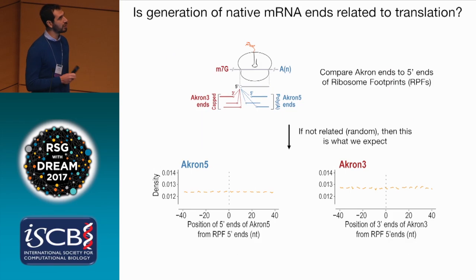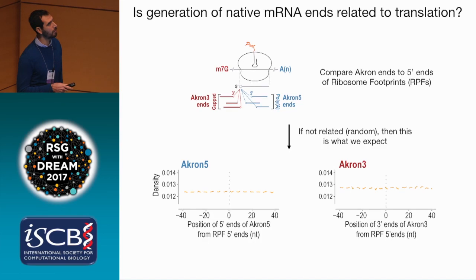One of the most informative analyses that we did for this process is to compare where we see the Acron-3 ends or the Acron-5 ends with respect to where we see ribosome profiling footprints. And if these two processes are actually not related, then we would expect to see something similar to a randomized experiment, where we see no signal around position 0 here, which corresponds to the 5' end of ribosome profiling data.